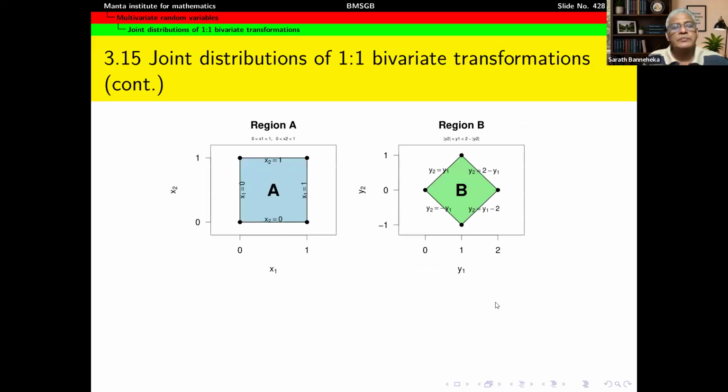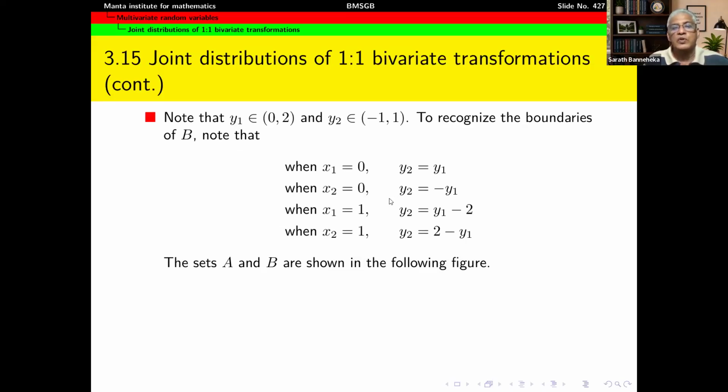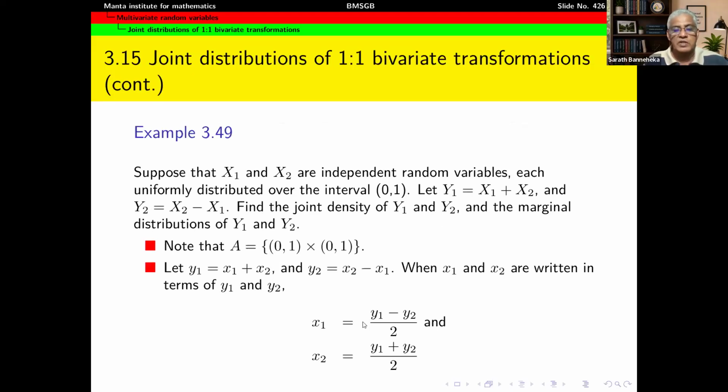So here, this is the set A, 0, 1, 0, 1. This is the square. Now we will see to which curves or lines these boundaries are converting. Right? So this is x2 equal to 0. So when x2 is equal to 0, y2 is equal to negative y1, because we have expressions for x1, x2.